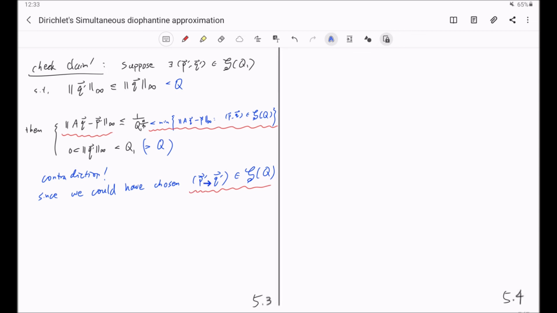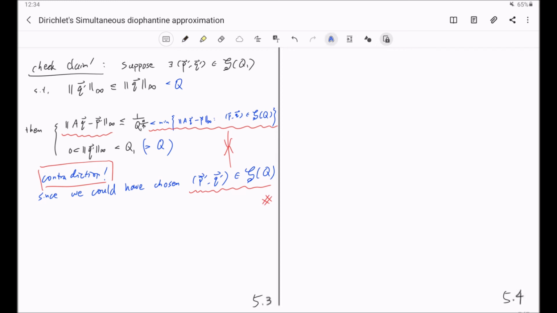If you are able to choose P prime, Q prime in S of Q, then you cannot make this strictly less than this minimum of all possible values for this norm. That is a contradiction. So this verifies the claim prime.